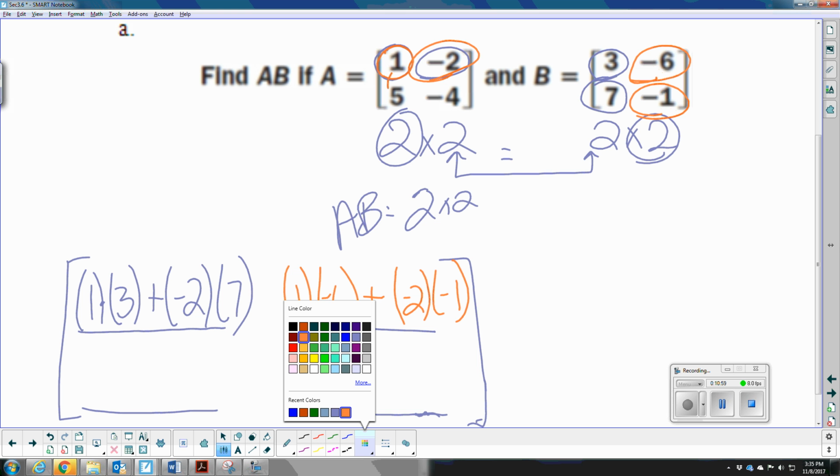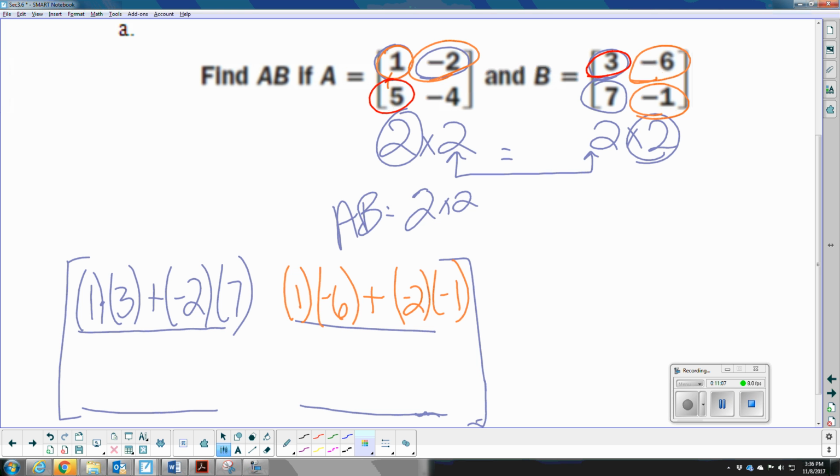And then in my second row, I'm going to move to my second row, which is 5 times 3 plus negative 4 times 7.